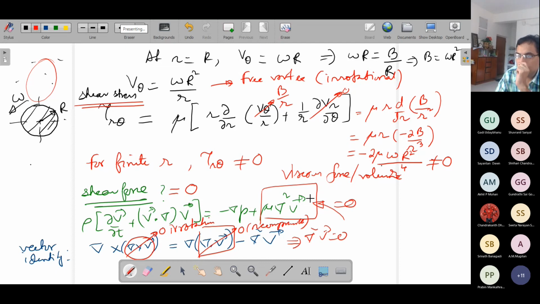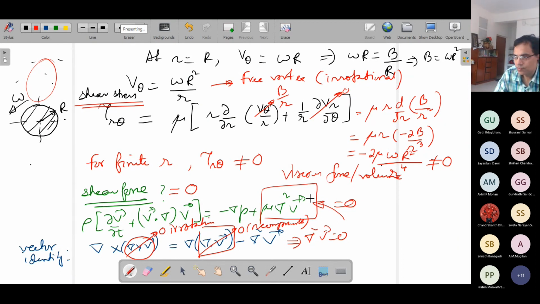So one obvious way of thinking is that locally it is not 0, but if you integrate it over a surface, it will be 0. But how is it happening? You may try to look into it a bit more specifically with more details. But the outcome is very clear here: fluid mechanics is so interesting because there could be things which are very non-intuitive. This is such an example where you have shear force equal to 0, but local shear stress not equal to 0.